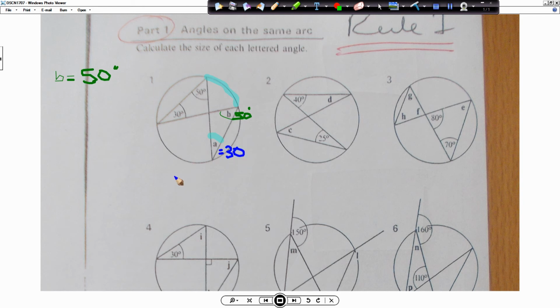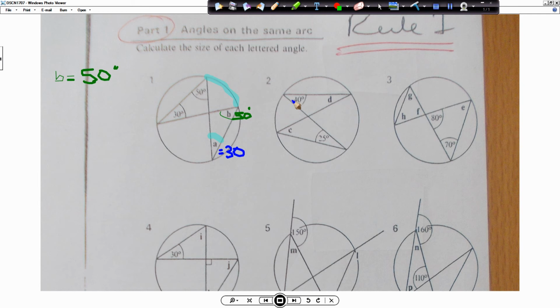Are we happy with that? If we had to explain that in the examination, what would we say? We would say angles standing on the same arc of a circle are equal. We need to mention that in our answer. But for the moment, all we're doing is filling in the angles.